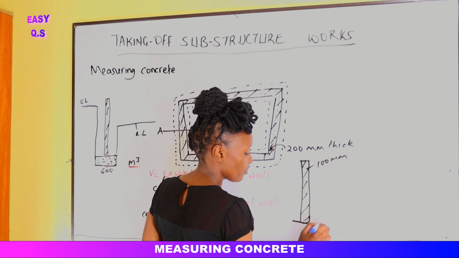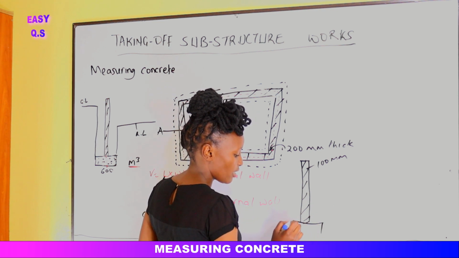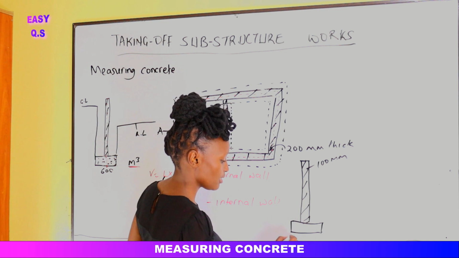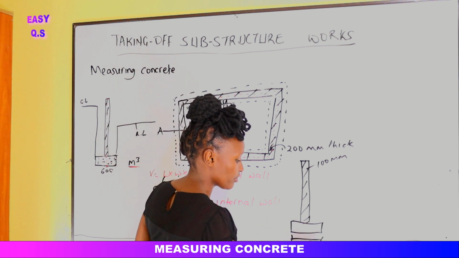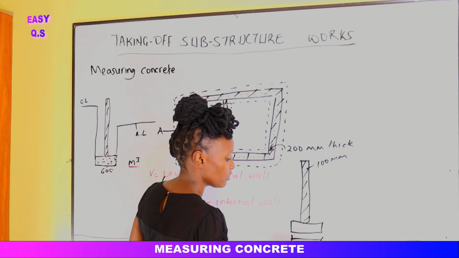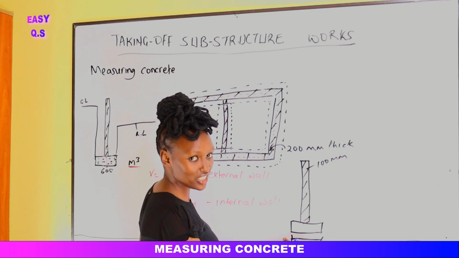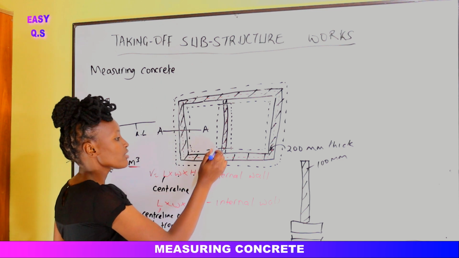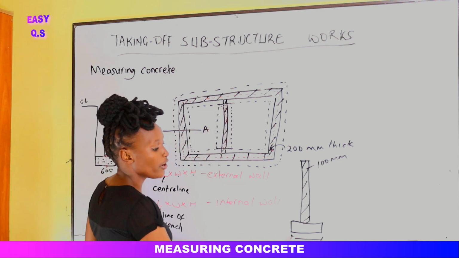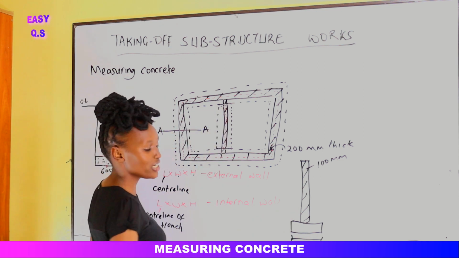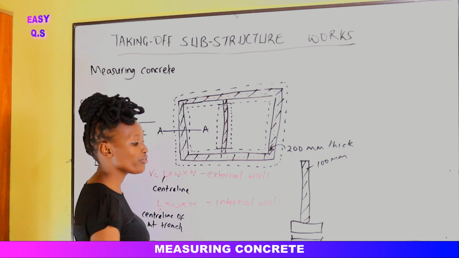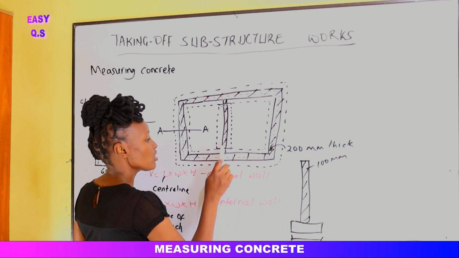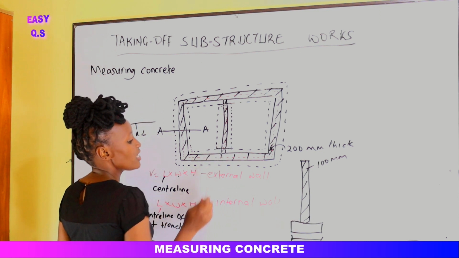Then we have the concrete, which is maybe this one, they did a concrete of 400. Alright, the thickness of the trench is 400. So once we are finding the volume of concrete from here to here, you'll take 400, we deduct 100, it shall be 300. To find the spread is 300 divided by 2. So 150, 150. So the spread here shall be 150, here 150.